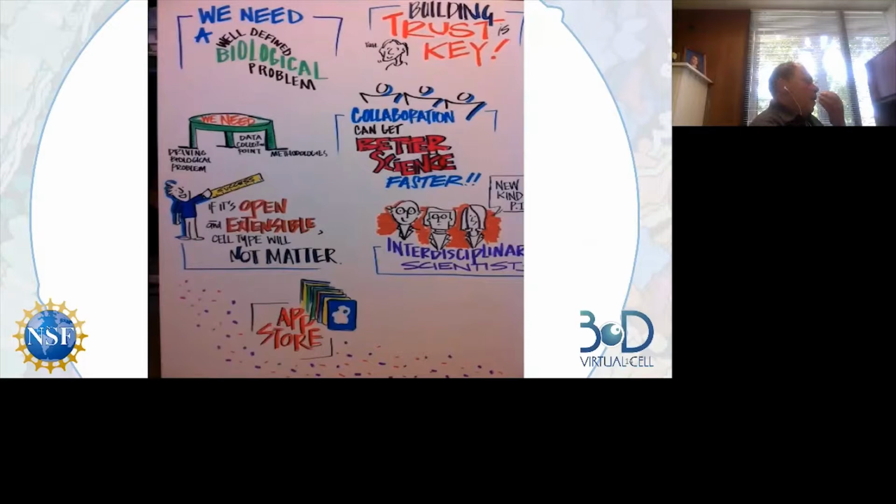A relatively small number of things have been successful with a build-it-and-they-will-come model. Others, I think, have driving biological outcomes to move them forward as key, and we discussed in the context of this project what that means.